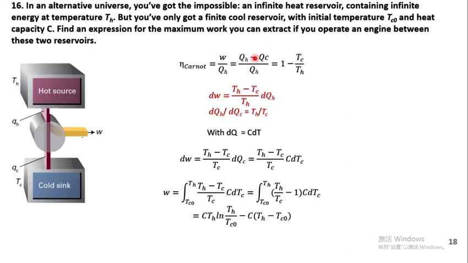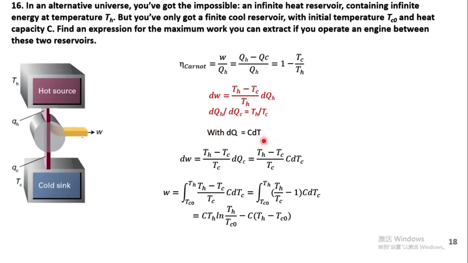After that, we have dqh over dqc equals this one. This is just this equation. And also we have dq equals C dT. This is the definition of the heat capacity of a material.